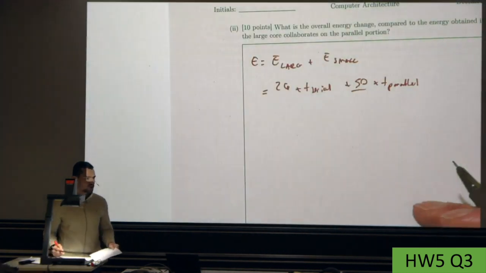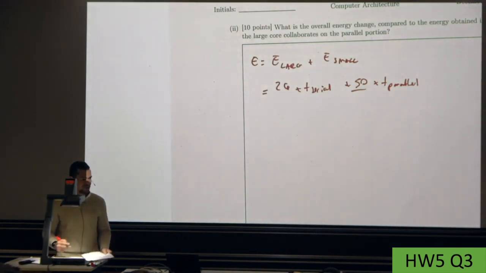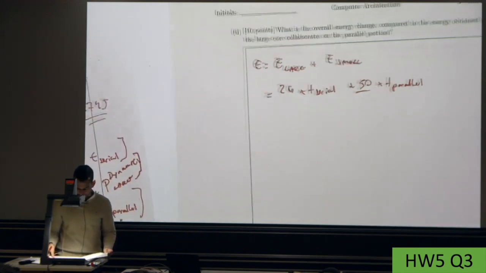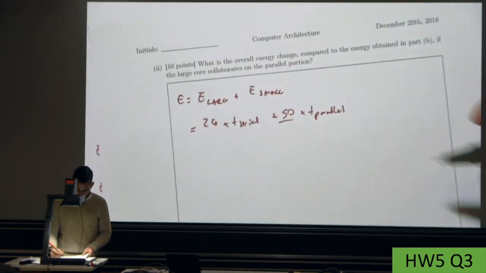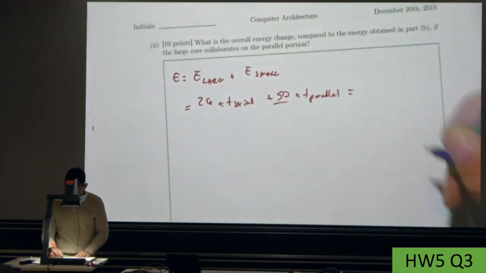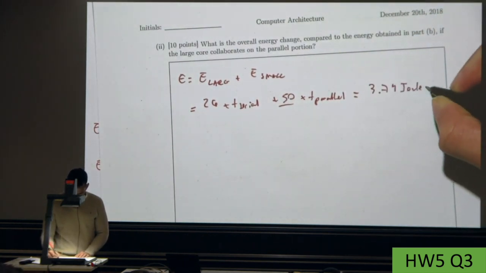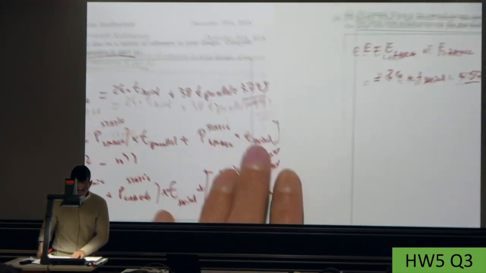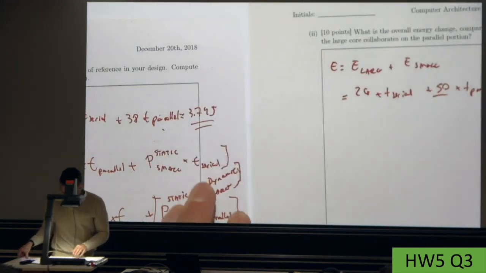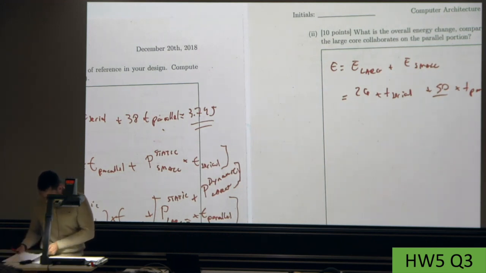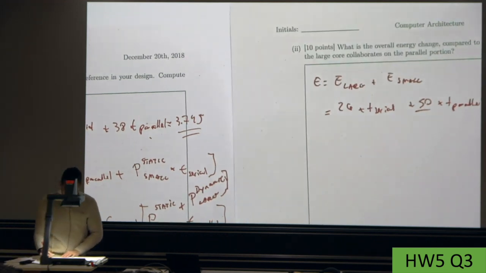So the larger core takes significantly more dynamic power to execute than the small core. And this is going to give you 3.74 joules. While the other one, no, this is wrong. This is the other one. This is 4 point something, 4.6.